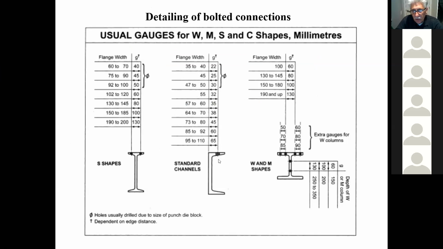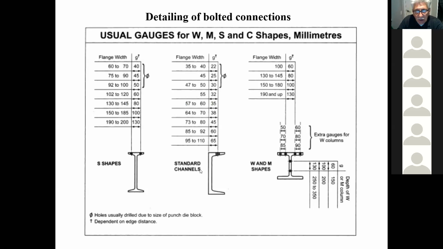Now the reason why they give you these gauge distances is that when they're actually tightening the nut, or tightening the bolt, there needs to be enough room. I don't know if you work with tools a lot, but you have open wrenches that you can use to tighten bolts. But the most common thing is a ratchet, like a socket.